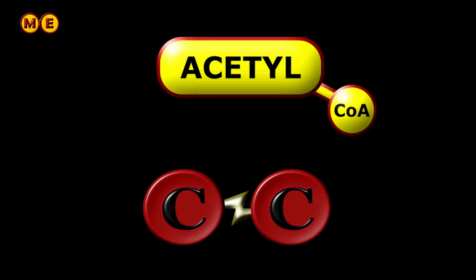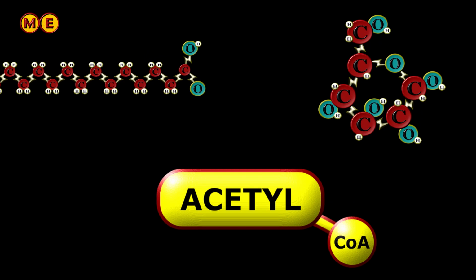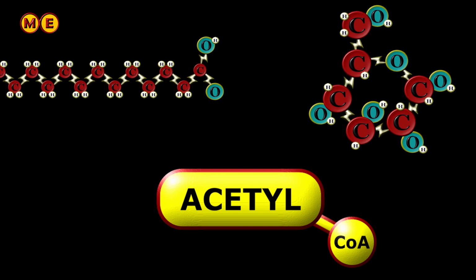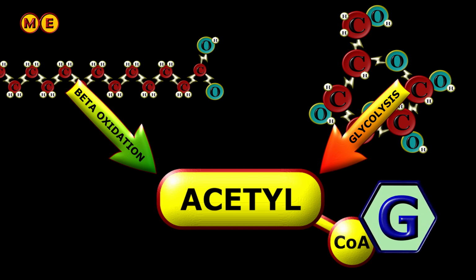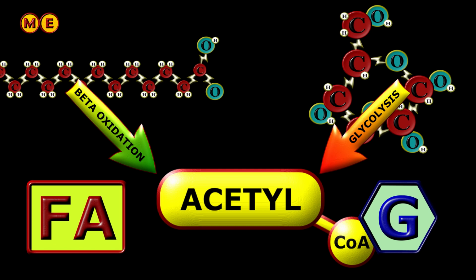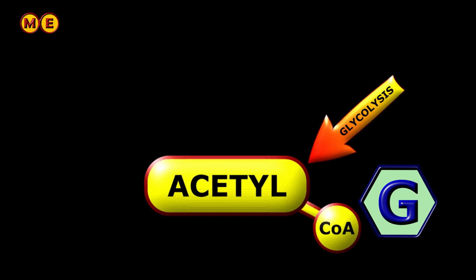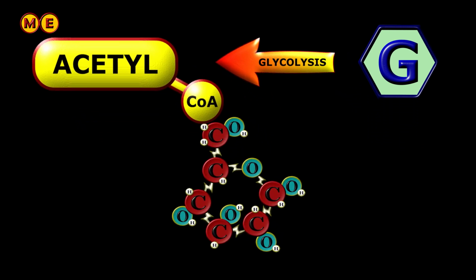Okay, now let's see how we convert our nutrients into acetyl-CoA. There are two different biochemical pathways which we can use to do this: glycolysis and beta oxidation. Glycolysis is the pathway of glucose and beta oxidation is the pathway of fatty acids. Glycolysis is the process that converts glucose into acetyl-CoA. Hence the name of the process.